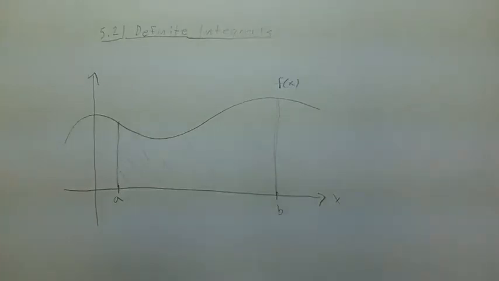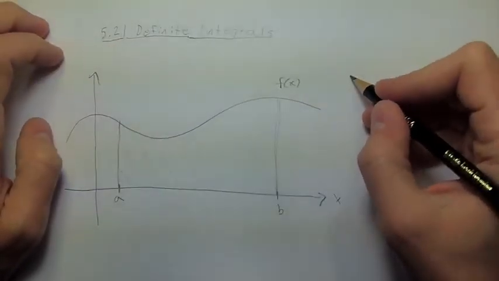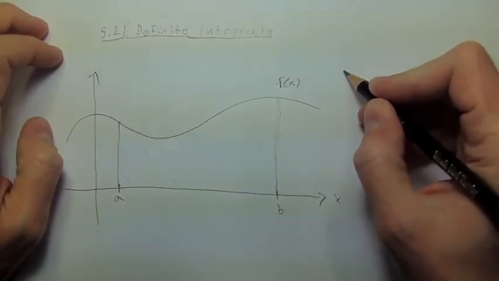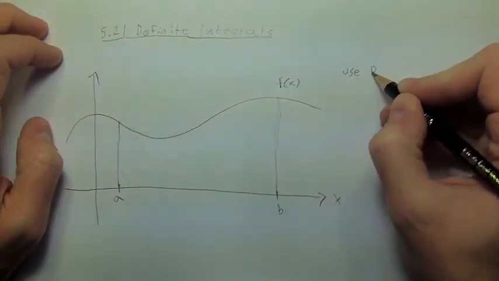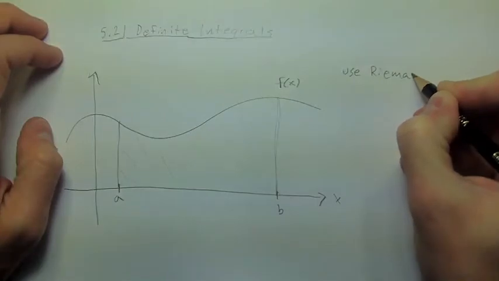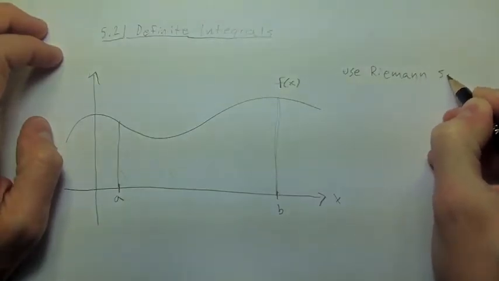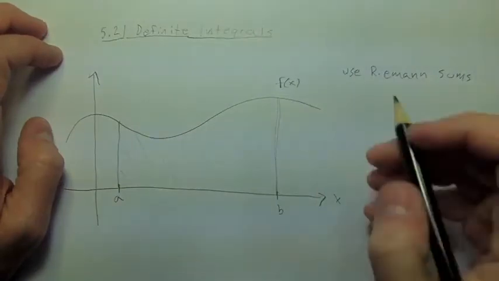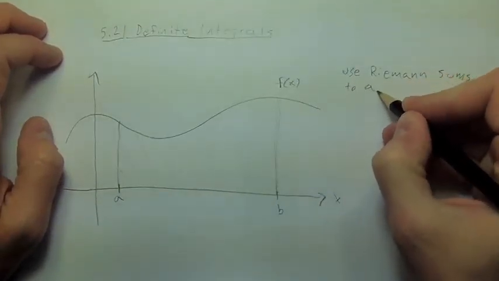and I was remiss last time in not calling them by their real name. Those estimates are called Riemann sums. Okay, but we're going to use Riemann sums, spelled like this, named after the mathematician, to approximate this area.